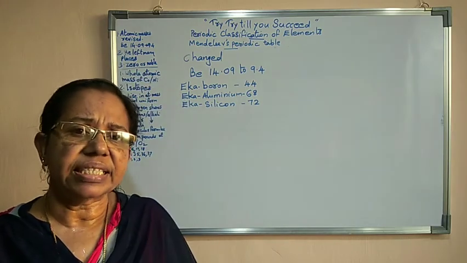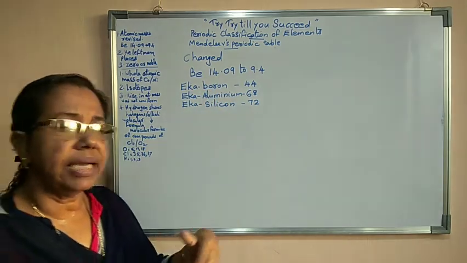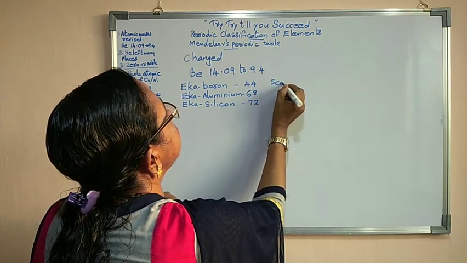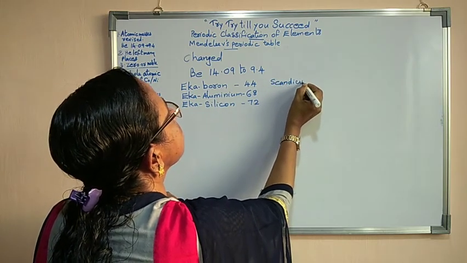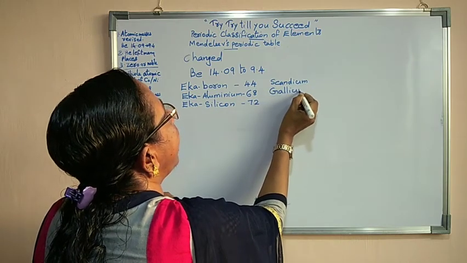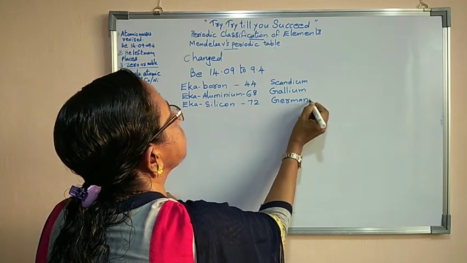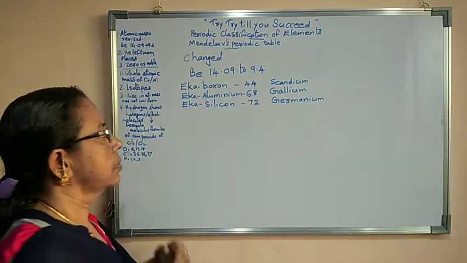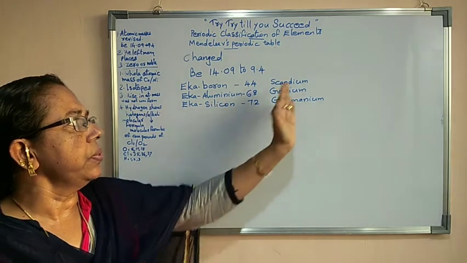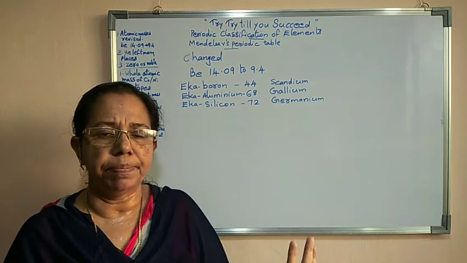Later, after discovering, he changed the names of these elements to scandium, gallium, and germanium. So after discovery, these names changed to scandium, gallium and germanium.